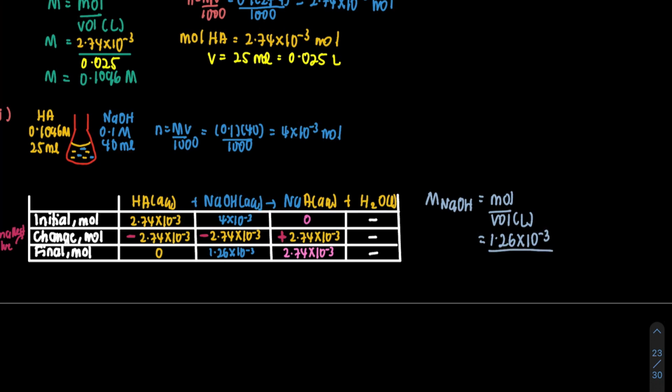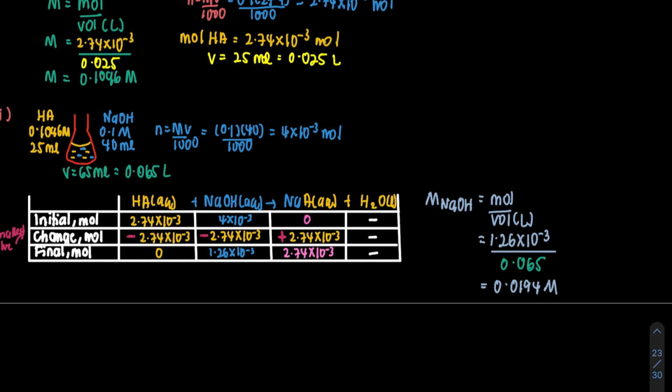What about the volume? The volume is not 40, because this is after we have added. This volume is 65 mL, which is equivalent to 0.065 liter. So here 0.065, and the molarity will be 0.0194 molar.